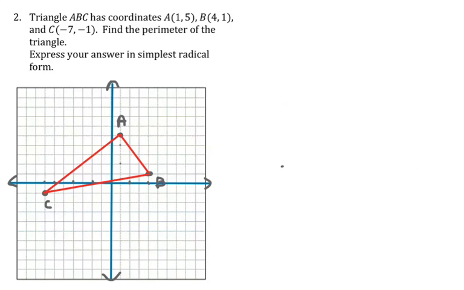Let us try to use the distance formula, because when they say perimeter, that means we are looking at the length around the figure, and length implies the distance formula. So let us look at one at a time. AB. What is the length AB?